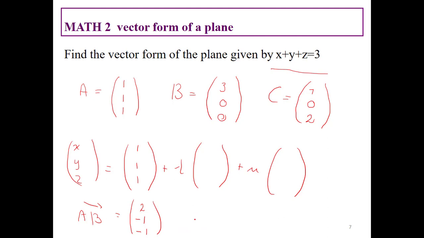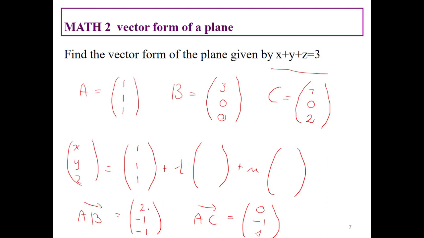Okay, let's find another direction vector. For instance, AC. So AC would be: going from 1 to 1 would give us 0, from 1 to 0 would give us -1, and from 1 to 2 would give us 1. The only thing we need to check now is whether these 2 direction vectors indeed are different ones. So are they independent?